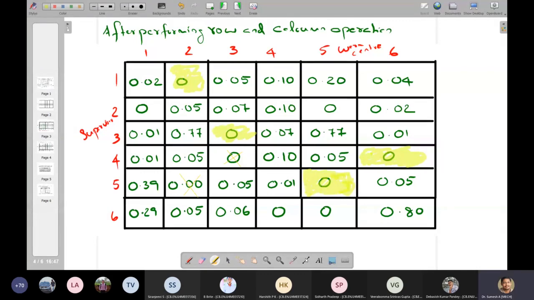When that is struck off, this is struck and this is also struck off. Now here the solution is easy.